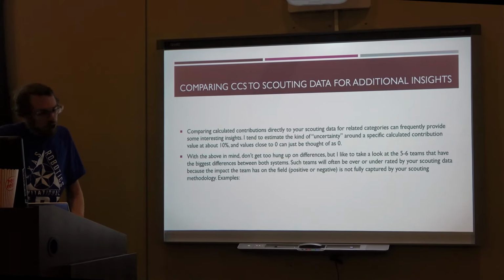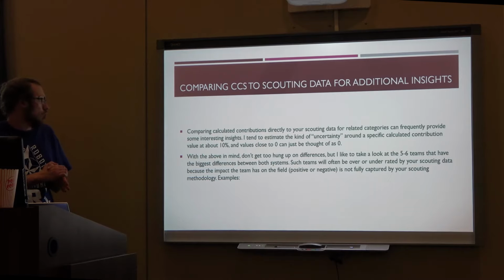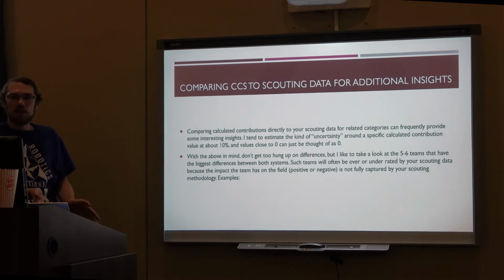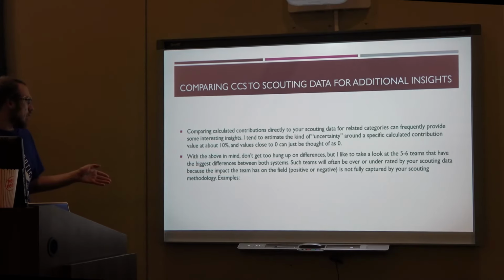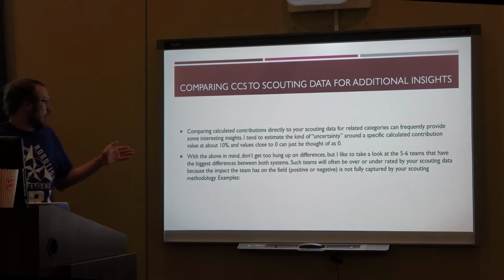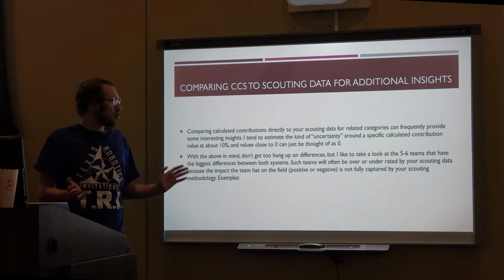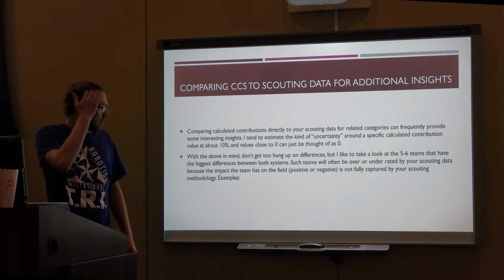statistics. So what I like to do is compare calculated contributions to scouting data for categories that are the same in calculated contributions and your scouting data. I roughly estimate the uncertainty around a specific calculated contribution at around 10%.